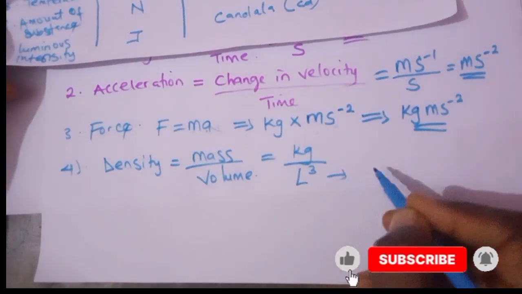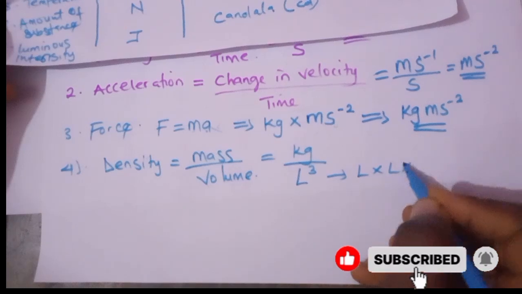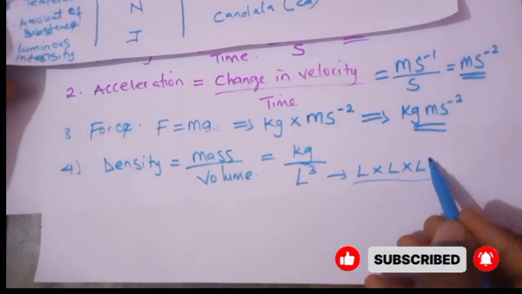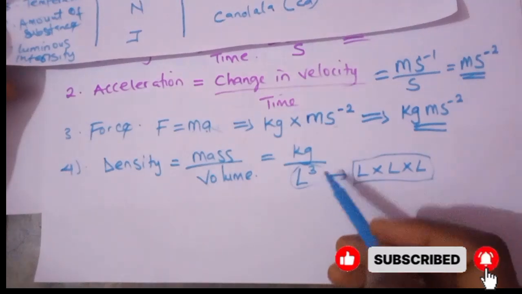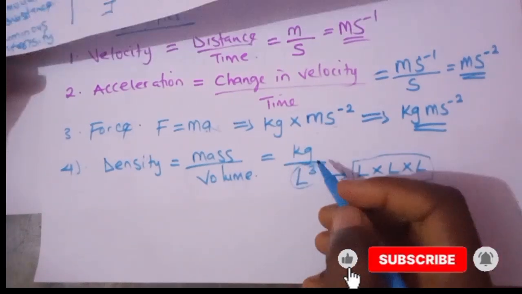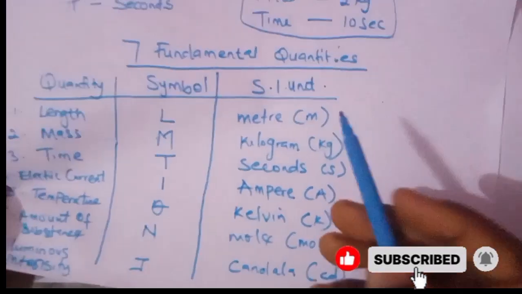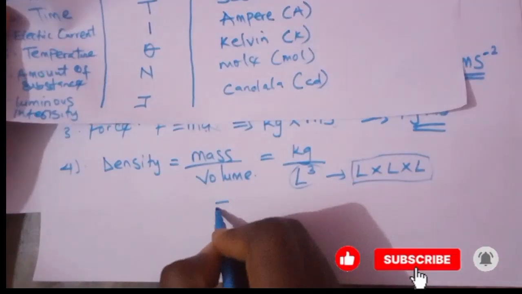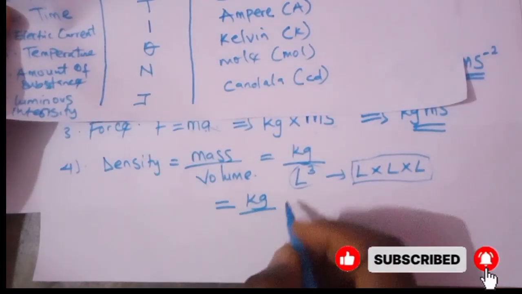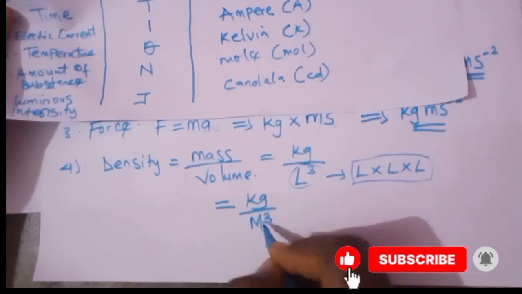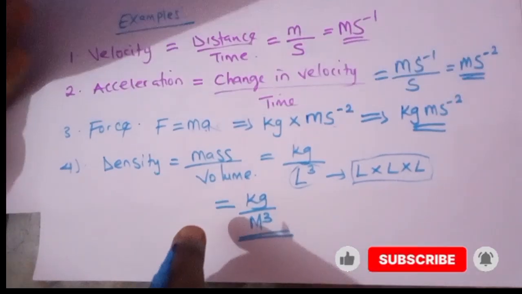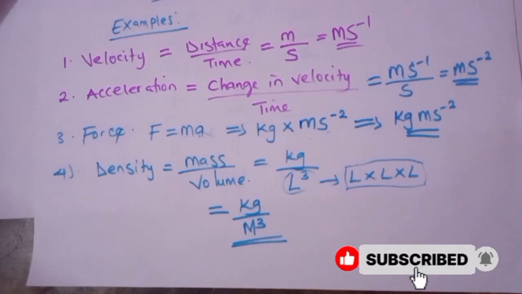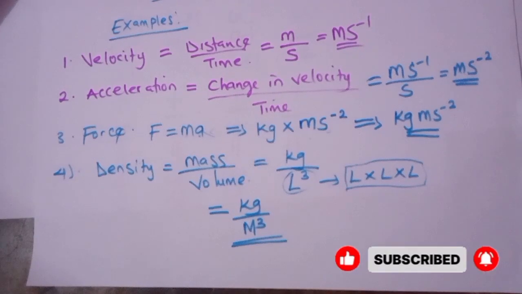This cubic length is length times length times length, L cubed. Now what is the SI unit for length? That is meters. So we input it. We say our density is kilogram per meter cube. So that is our answer. You can see it is derived from mass and length.